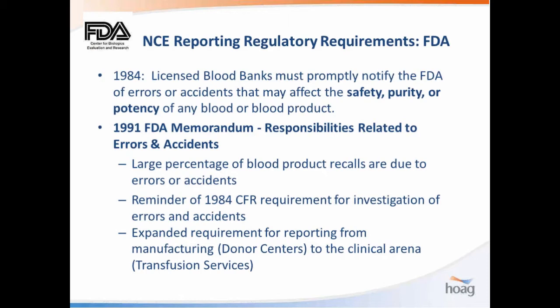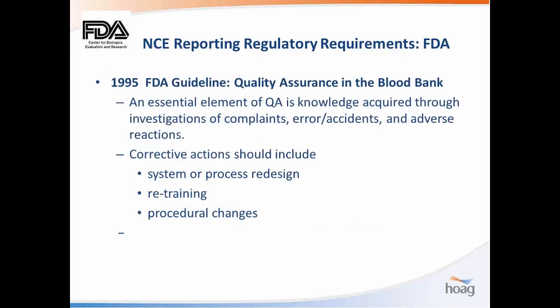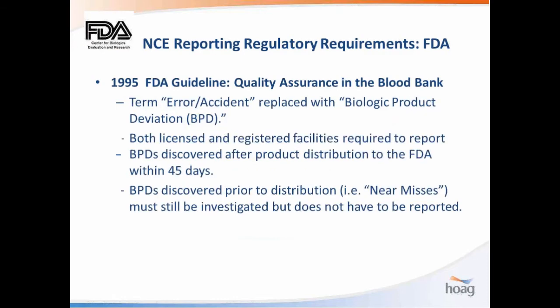So that happened in 1991 and left us all scrambling to implement that in hospital-based transfusion services. In 1995, they put out another guidance document on quality assurance in the blood bank, pointing out that knowledge gained through investigation of complaints of errors and accidents is essential to QA, and that corrective action should focus on systems or process redesign, retraining, and procedural changes.